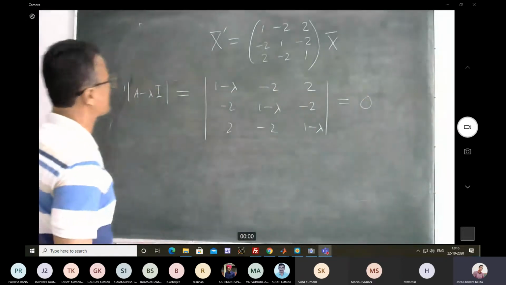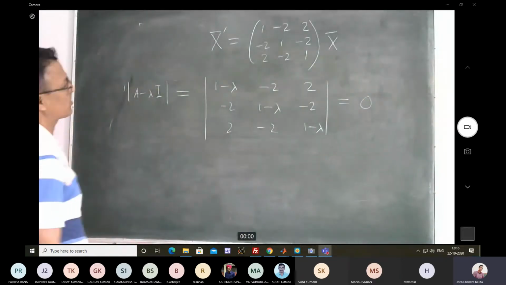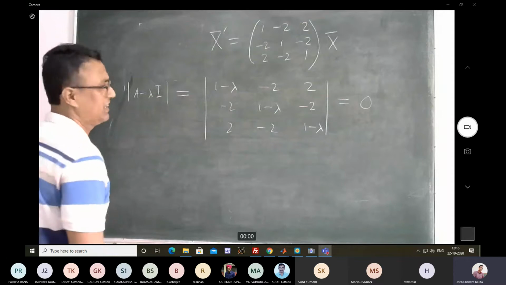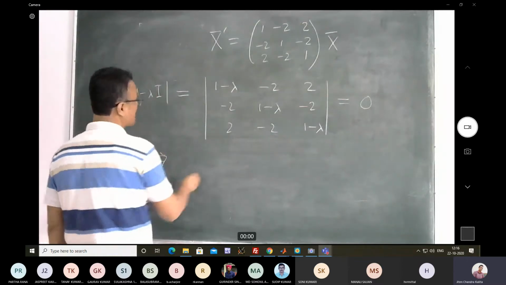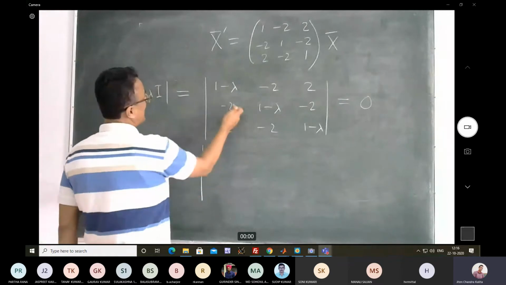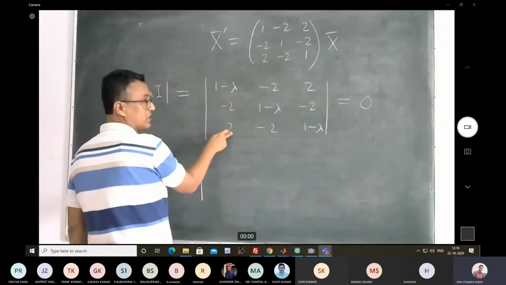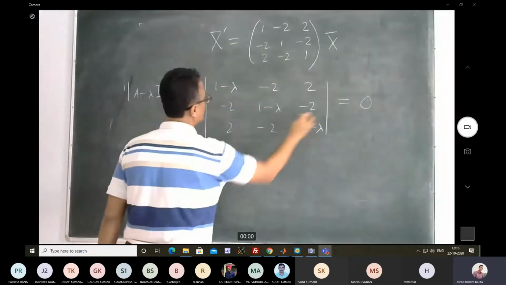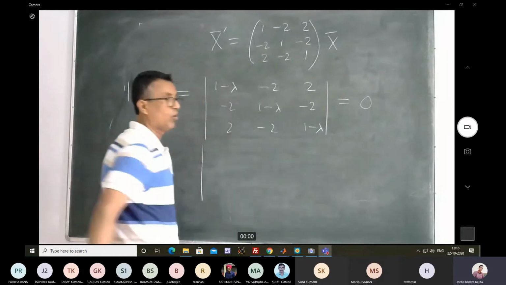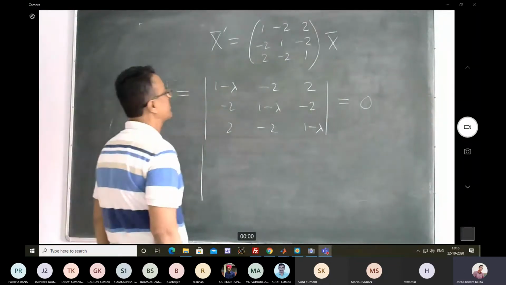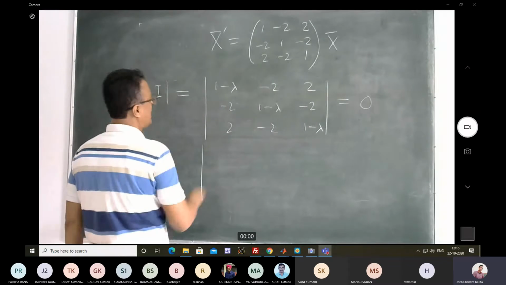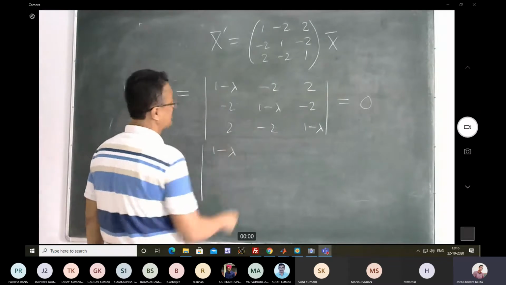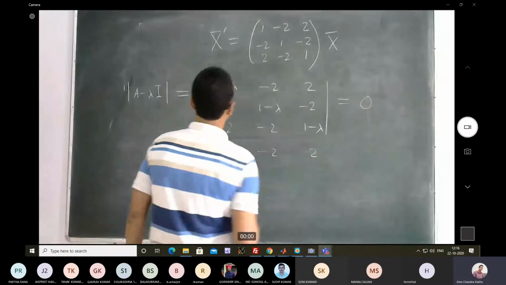Do it directly, or reduce it somehow? I would like to reduce it somehow, because I have -2 here. If I add row 2 to row 3, then definitely I'll get rid of this element.